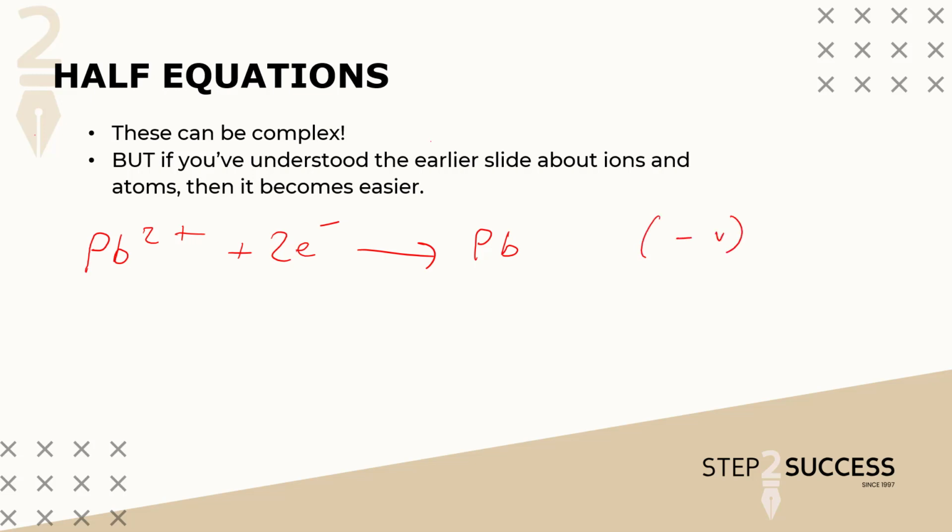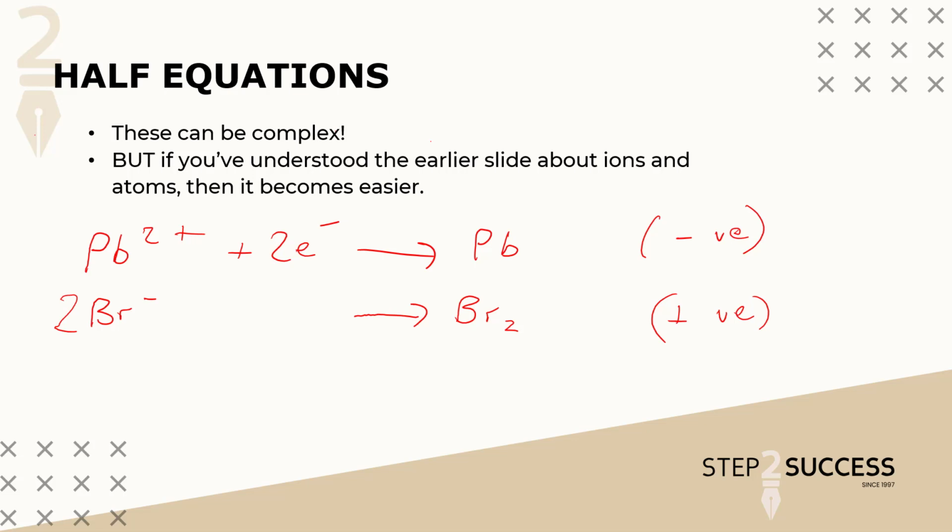There are 2 separate equations here, 2 half equations, because one's at the positive electrode, one's at the negative electrode. At the positive electrode, we have bromine ions, or bromide ions, and they eventually turn into bromine. Now, the complication here is that bromine, like many other gases, comes in pairs, and so we have a Br2 actually there, and we have to balance it with 2 bromine ions there.